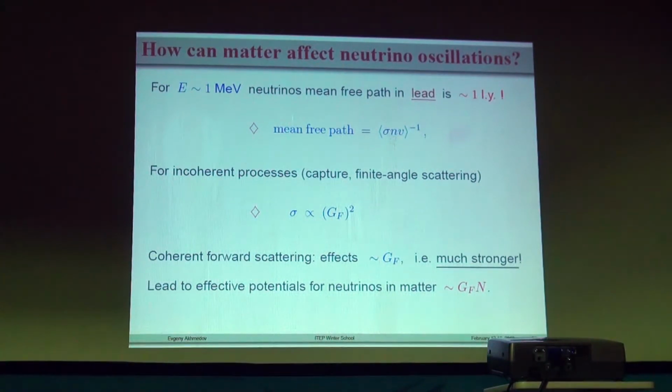Because if the scattering is not a forward one, if the momentum of the neutrino is changed, this means that part of its momentum was transferred to a particle on which it scattered. But if it is transferred to a particle, we can detect this recoil, and we will know on which exactly particle the neutrino scattered. And if we know exactly on which particle the neutrino scattered, the coherence is lost. We cannot sum coherently the scattering on different particles. That's very simple quantum mechanics. So the forward scattering is coherent.